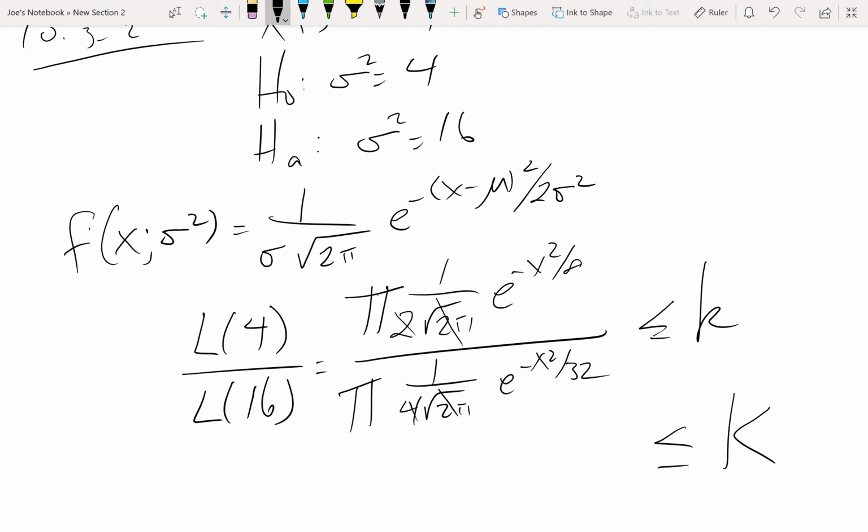Okay? When we do the log of this piece, the e will cancel, and we'll have a sum in the exponent again, right? So we're going to get negative 1/8 the sum of x sub i squared. And on bottom we'll get plus 1/32 the sum of the x sub i squared.